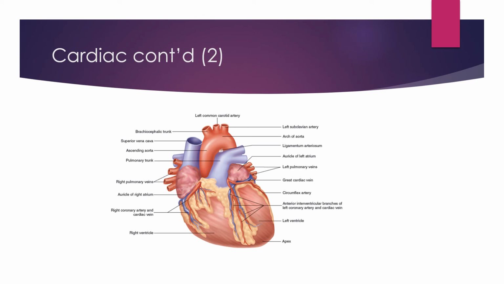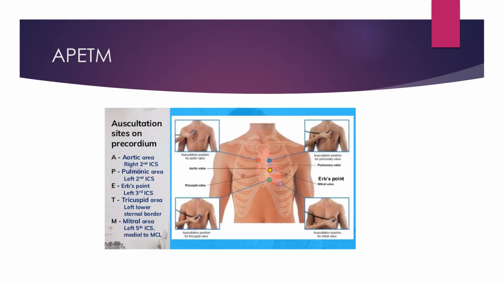So you would assess the right ventricle, then the left ventricle, right atrium, then the left atrium. You would assess using auscultation, and there's a mnemonic that's used called APE TM.